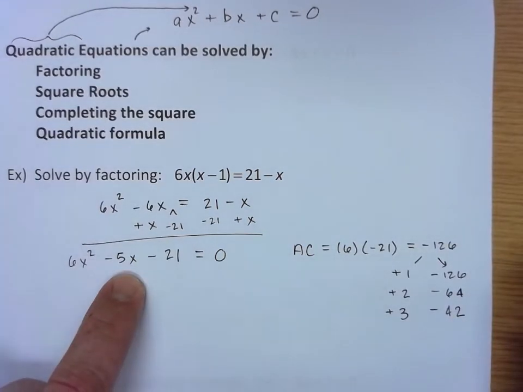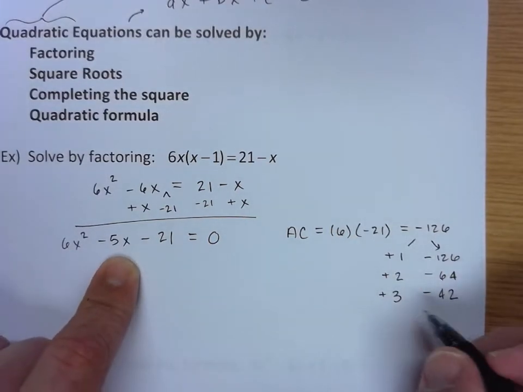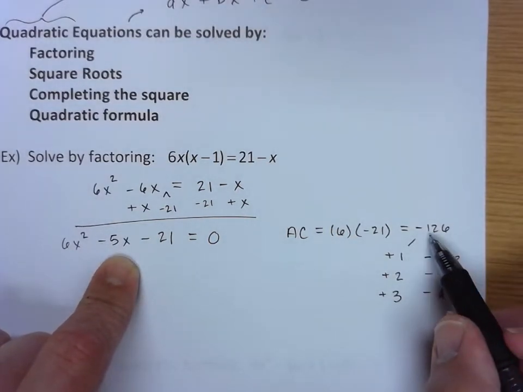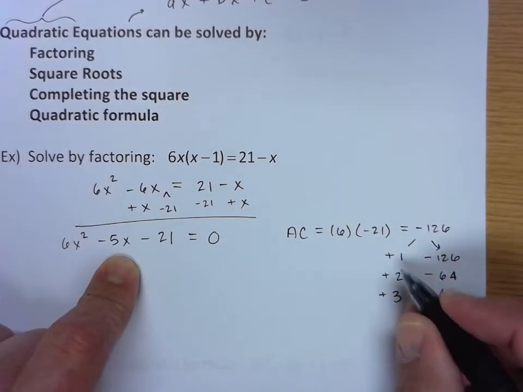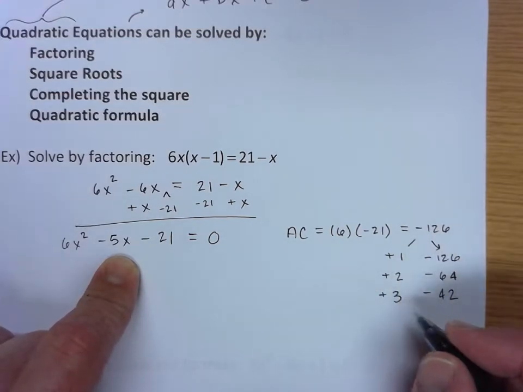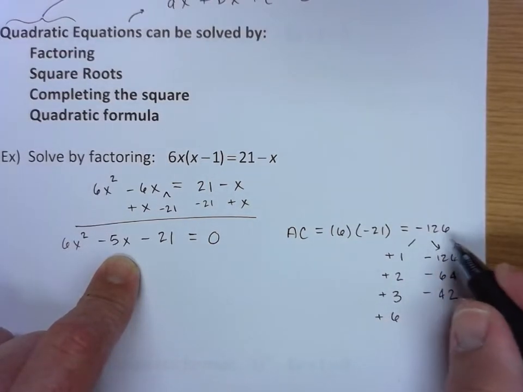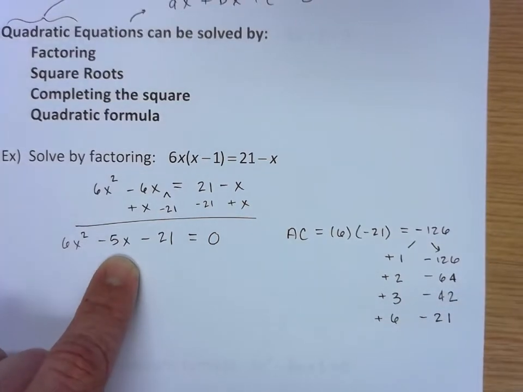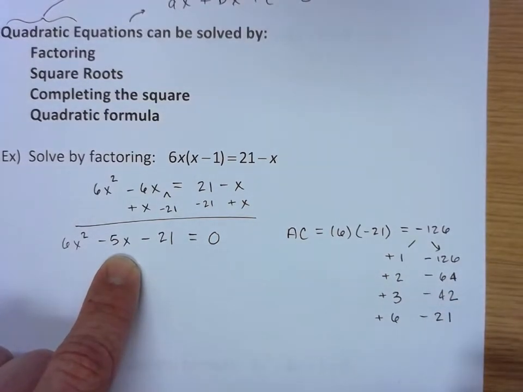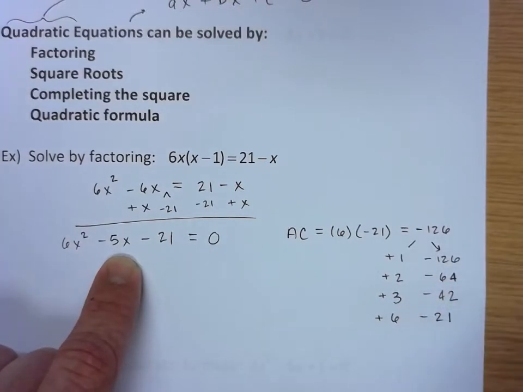Still not getting to that negative 5 yet, but keep on searching. You're bound to find it eventually if it's factorable. The last 2 digits are not divisible by 4, so I can't use 4. 5 won't work. I can try 6. 6 goes into it 21 times, so 6 and negative 21 are a pair. So we're getting closer.